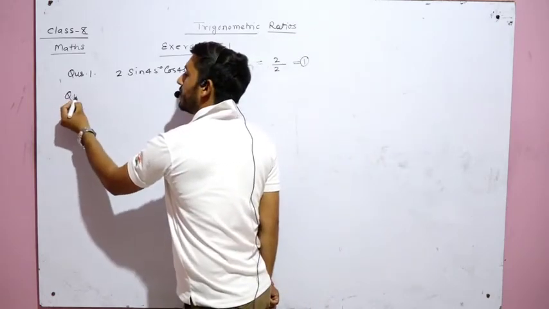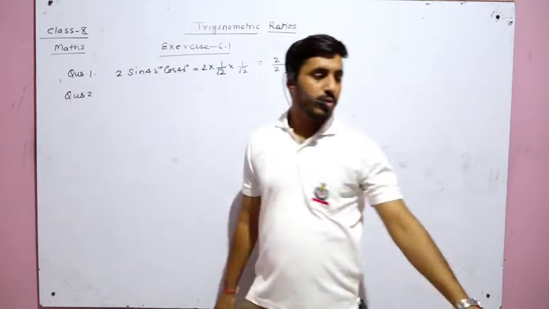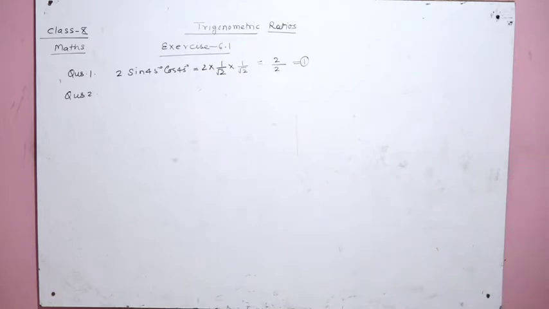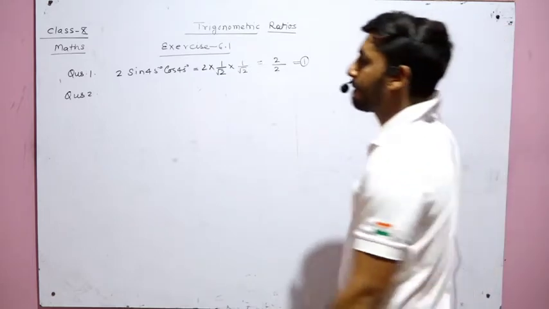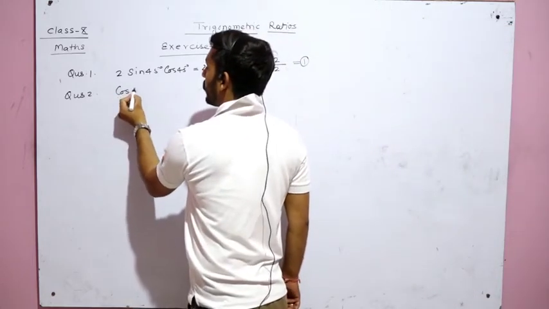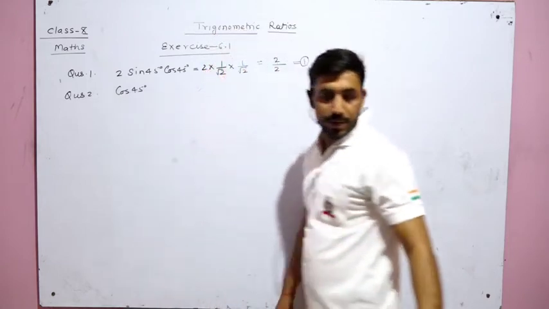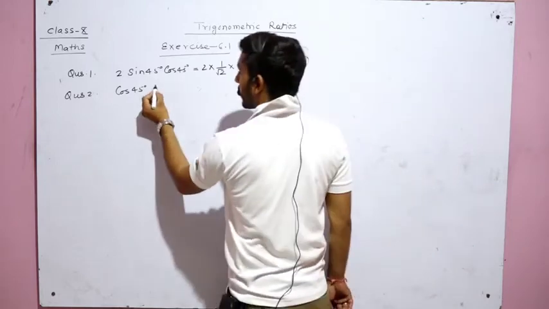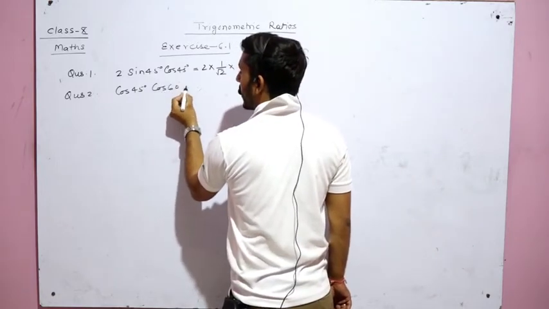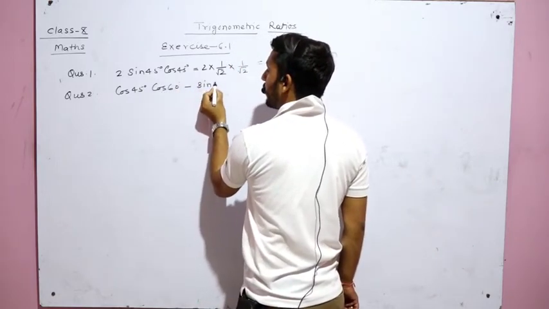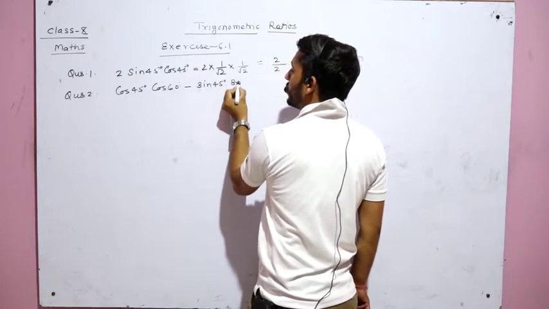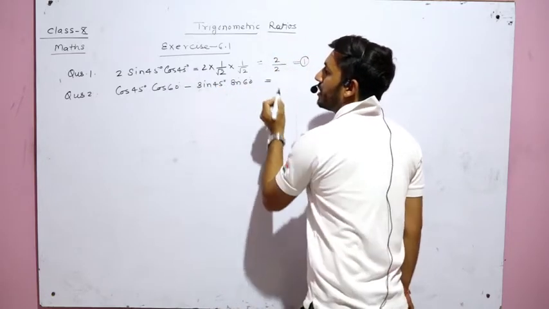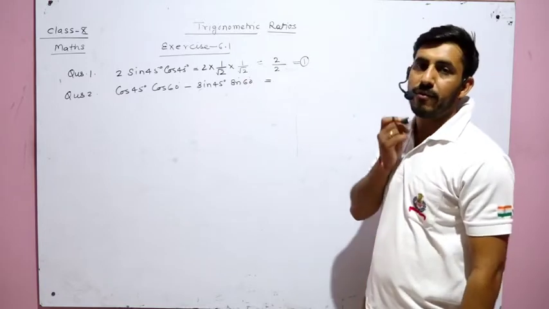In question two, the given expression is cos 45 into cos 60 minus sin 45 into sin 60 degree. What is the value of cos 45?